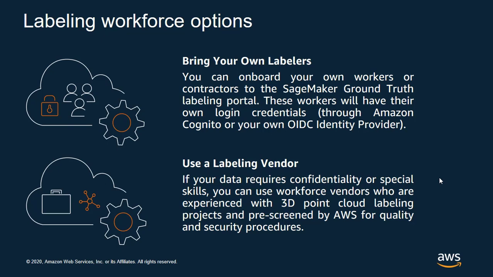And so these workers will have separate login credentials, and they won't have to have AWS Identity and Access Management credentials. So you can use those separate login credentials to access the labeling application and label that data, right? So if you have a team of internal labeling workers, you can essentially onboard them onto that application. And when you kick off a labeling job, the labeling tasks will be fed to those workers in the course of the labeling job.